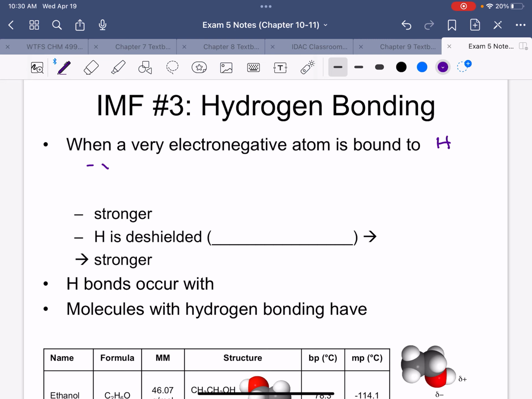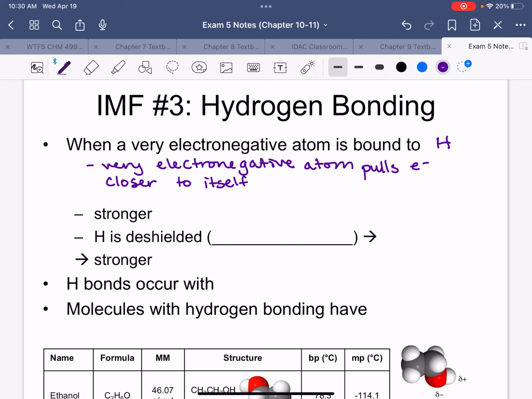What happens is the very electronegative atom is going to pull the electrons away from hydrogen by pulling them closer to itself, meaning away from hydrogen. Hydrogen then becomes even more positive than in a traditional polarity situation.